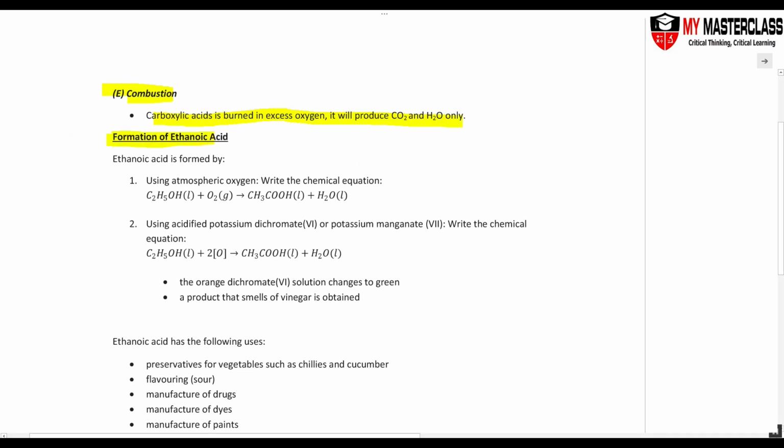It is formed by oxidation of alcohol by atmospheric oxygen. Leave it to stand and it will turn sour. Or use your acidified KMnO4 or K2Cr2O7. When you write your oxidizing agent, put the square bracket O. This will give you water as the byproduct.